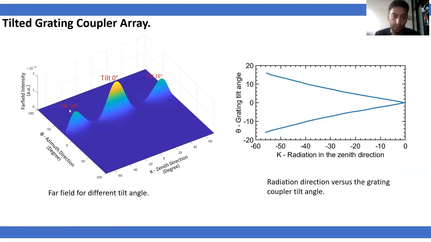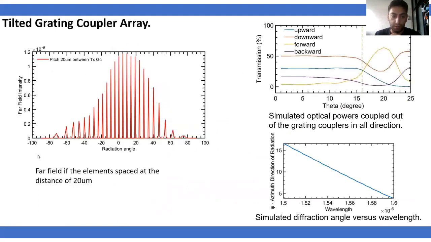Here you can see the radiation relation from the tilted angle, and we can see that we can have a radiation direction around 60 degrees. And here is the far field pattern from the 33 elements, and the distance between the individual transmitter grating couplers is 20 micrometers.